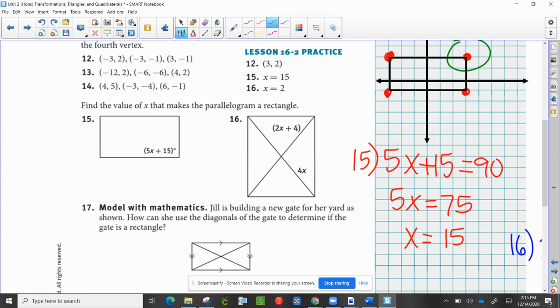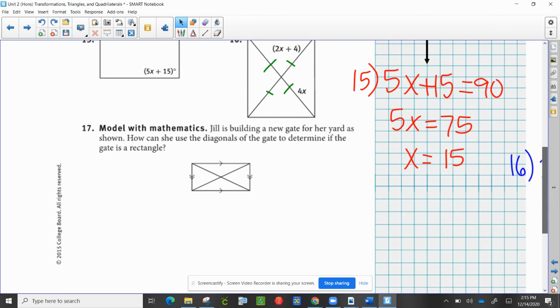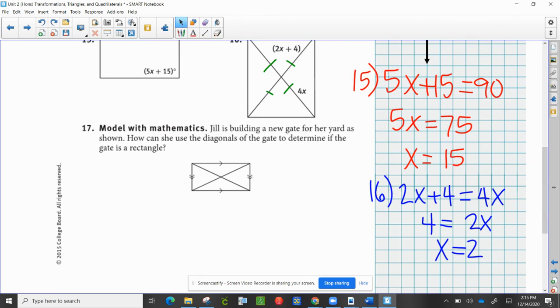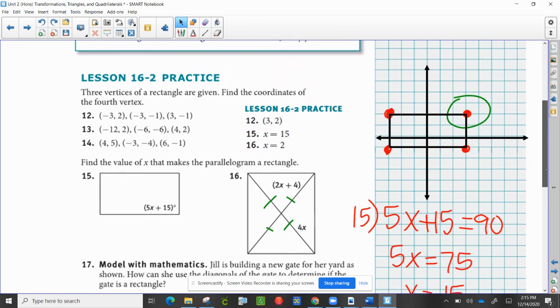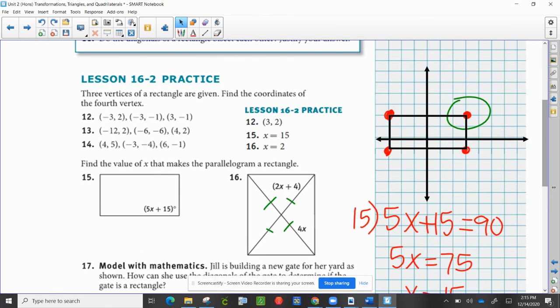So if that's true, if your diagonals are congruent, it means all four of these parts are going to be congruent to each other. So the way I set up my equation here is I just set 2x plus 4 equal to 4x. Solving that for x, I got 2. Okay. So there you go. So using those properties of a rectangle to solve for problems there.